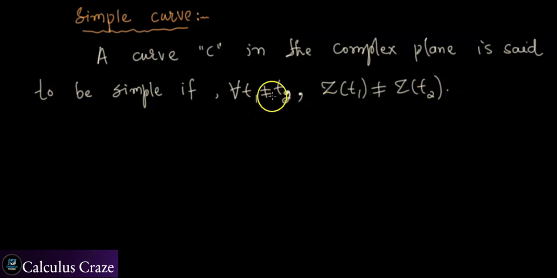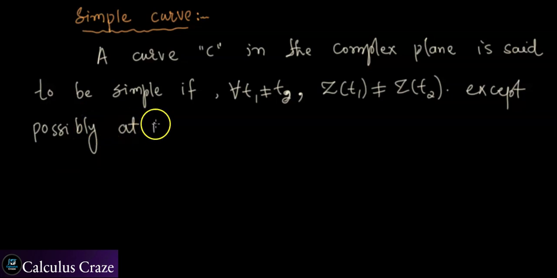So if inputs are not equal, then outputs are not equal. If that is happening, you are talking about a simple curve. In other words, except possibly at t equal to a and t equal to b.